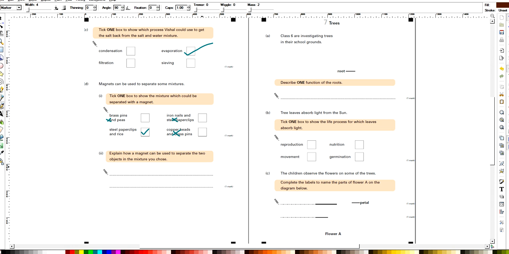Next, it says explain how a magnet can be used to separate the two objects in the mixture you chose.